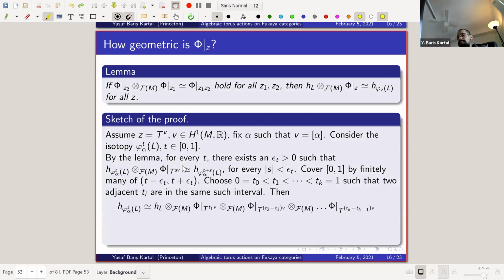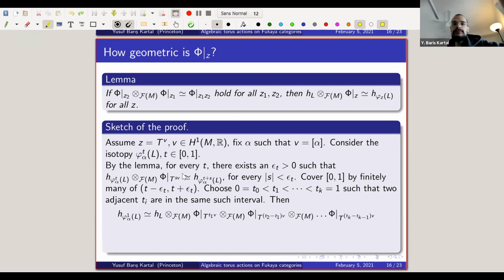Okay, then forget about the word Yoneda, then H of phi alpha 1 L is, okay, let me explain this better actually. I think I didn't write everything necessary here.